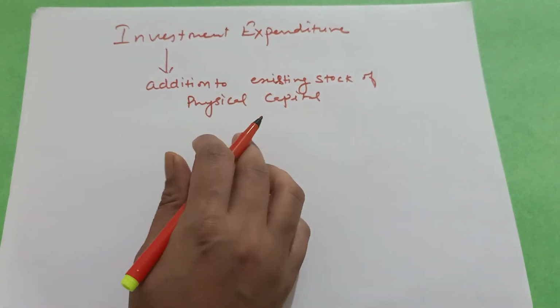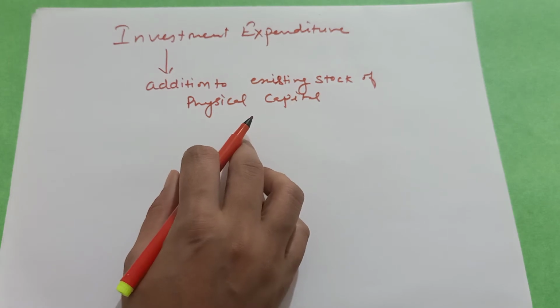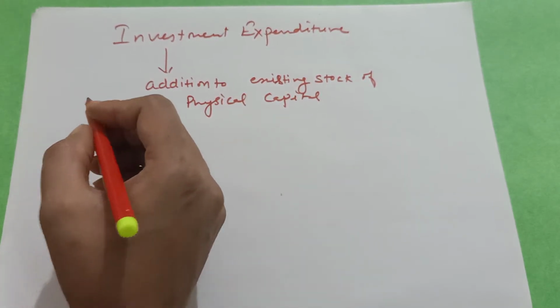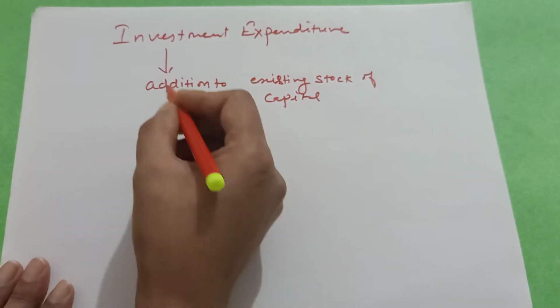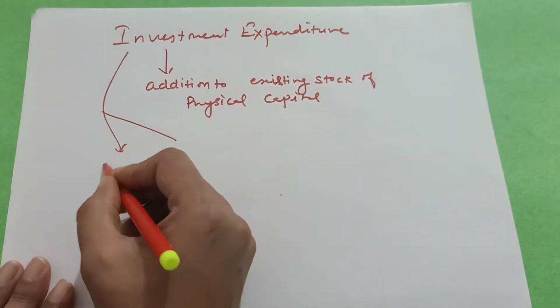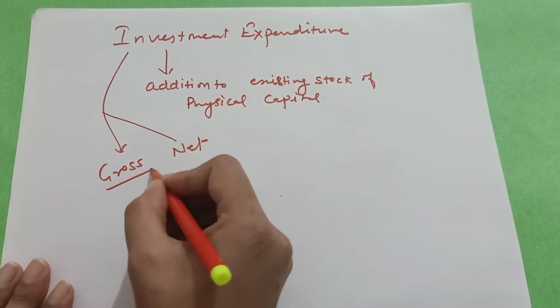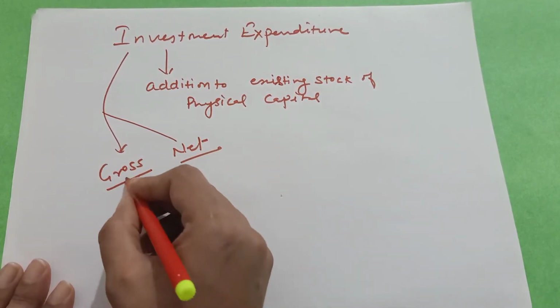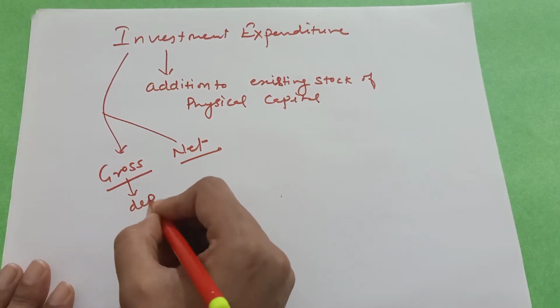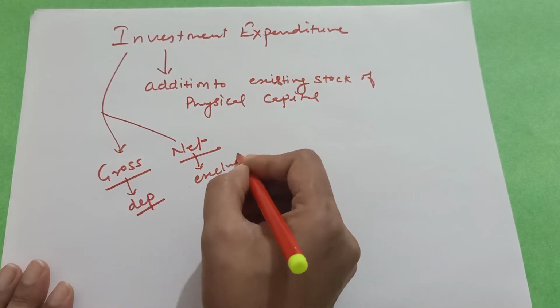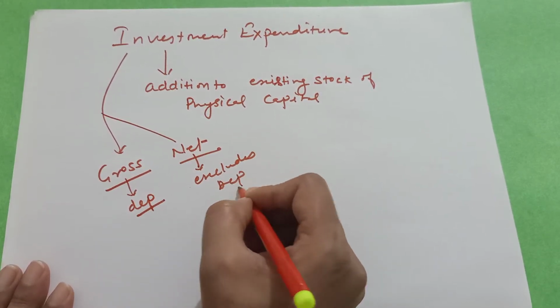As capital goods are used up in the production process of making other goods, they get partially depleted in producing other goods and services. This is called depreciation of fixed capital. So investment may be of two types, gross and net. Gross investment includes depreciation, and net investment excludes depreciation.